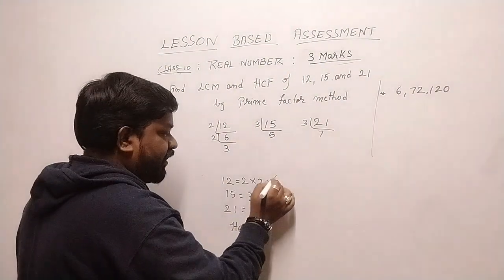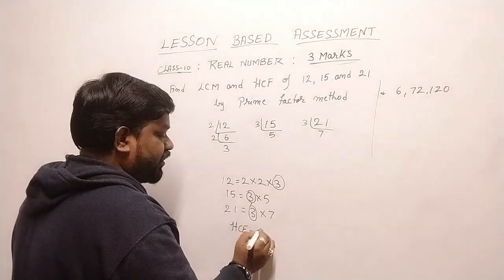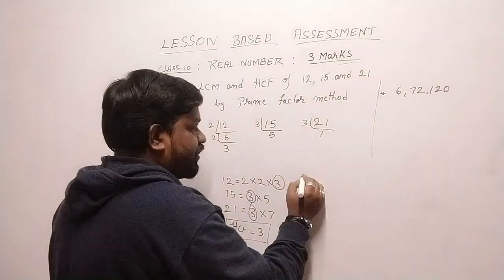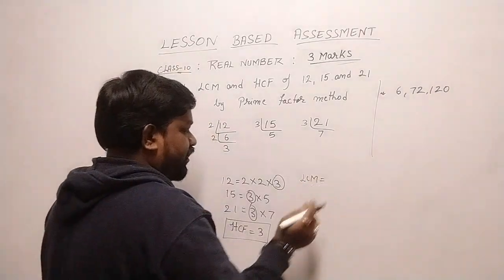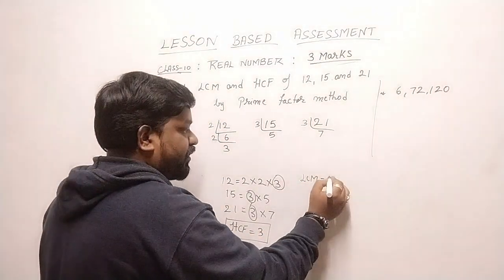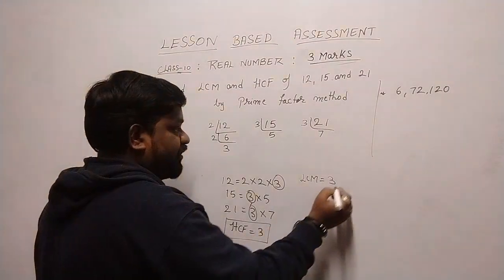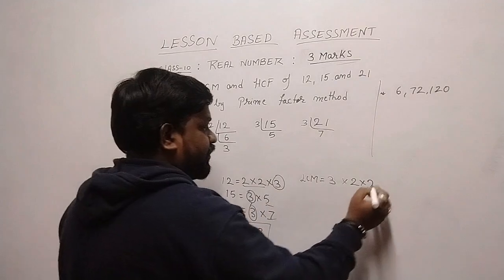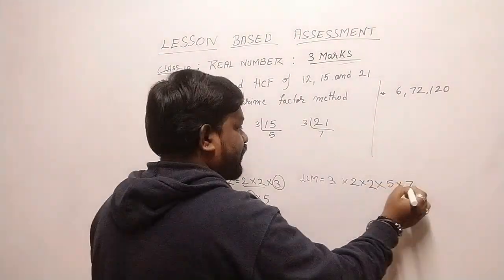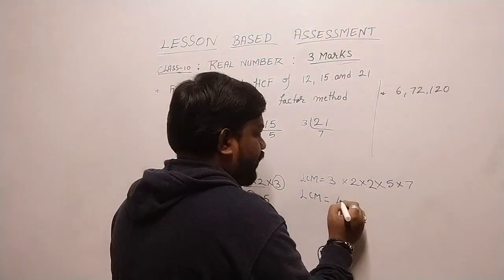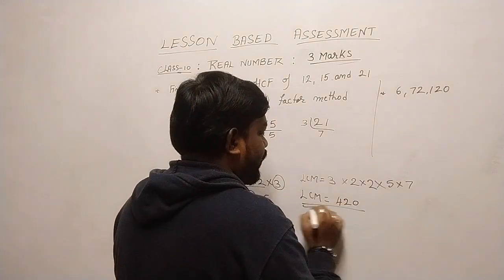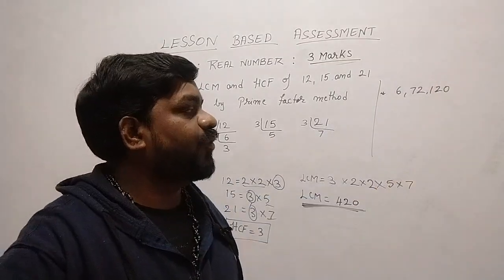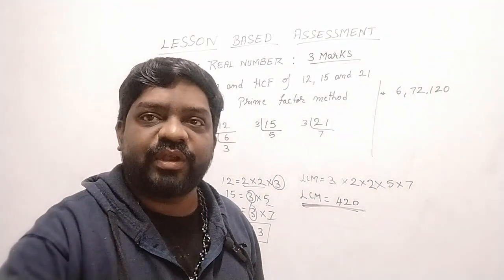So the HCF will be, in all the three numbers, the common factor is 3. So the highest common factor is 3. Now least common multiple. To find the least common multiple, write the HCF once and the remaining numbers: 2 into 2 into 5 into 7. The LCM will be 420. Use the same method and find the HCF and LCM for 6, 72 and 120.